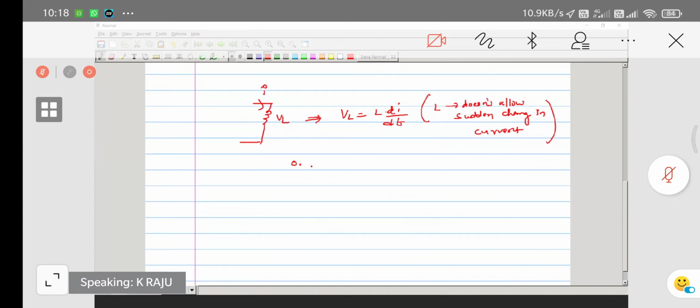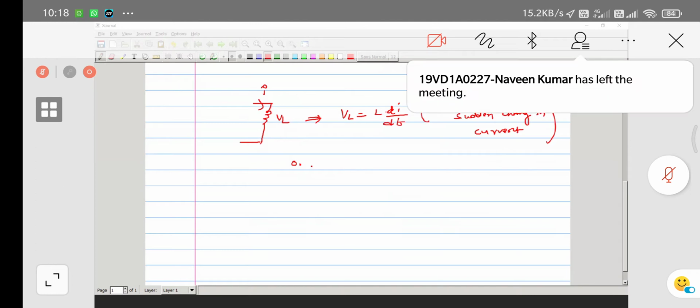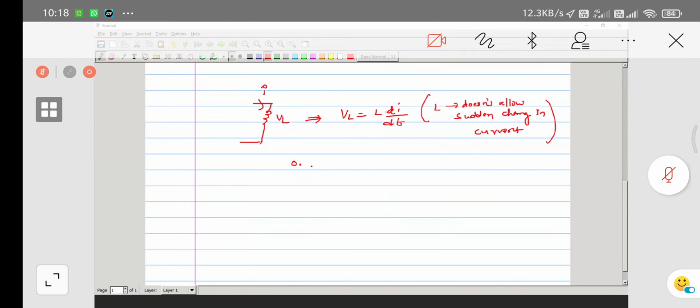Up to this point the current in the inductor is 0, and it cannot be increased from 0 to this magnitude instantaneously.